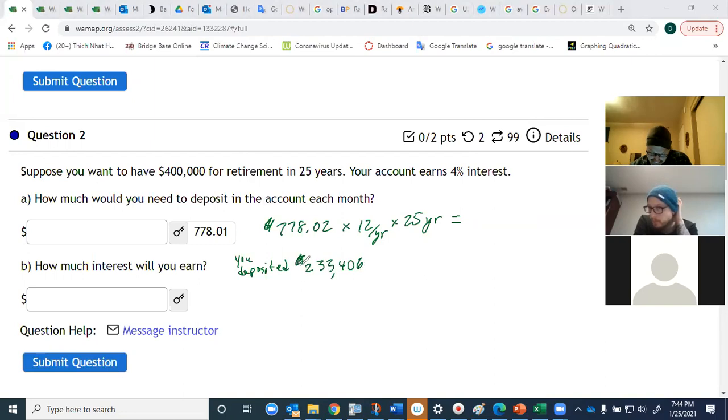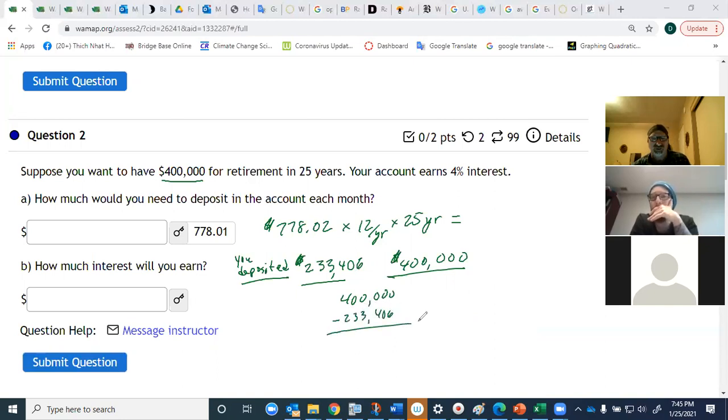That's how much money you deposited. But look at how much money you get out. You get $400,000 at the end. This is all you put in, and this is what you get at the end. So you subtract your total balance minus what you put in, and that's going to tell you how much interest you made.